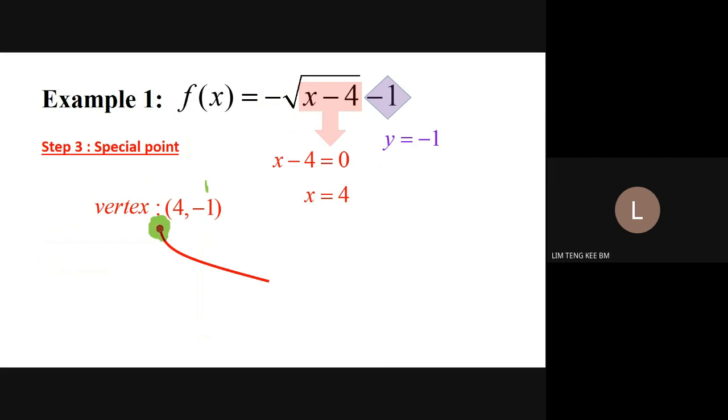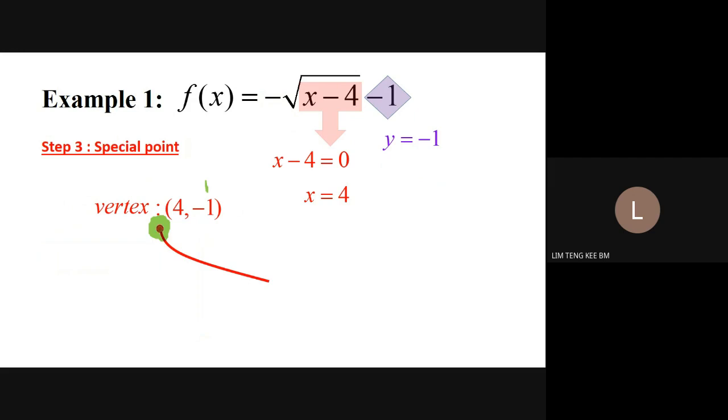By step 3, it's good enough for you to take notes on whether the x and y intercepts exist or not. At the same time, from here, you shall be able to decide the domain and range.